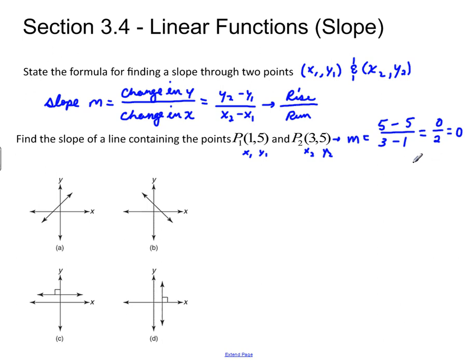What does that indicate about the line? Well, that's actually a line kind of like this one down here. Because we could have a point where we pass through the point 1, 5 and 3, 5 right over here, and there's no change in the rise, right? So we might interpret this to mean no rise, all run, right?